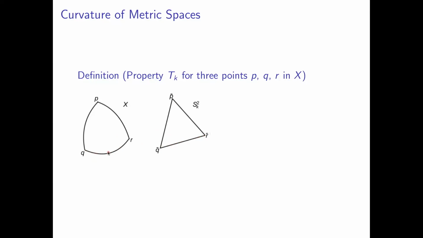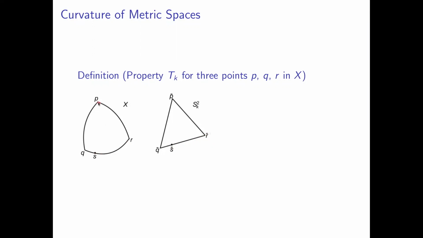So this point has a corresponding point S bar on this side that is at the same distance from Q bar as S is from Q. And because these sides have the same length, this implies that S bar is at the same distance from R bar as S is from R.